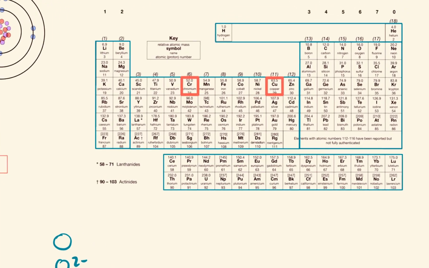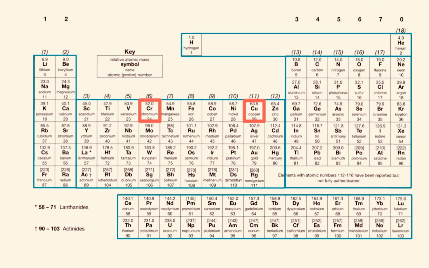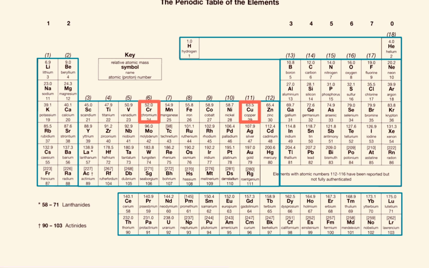So if we take the periodic table, we can split this into categories. Hydrogen and helium are out by themselves, but they're showing here our 1s orbital.